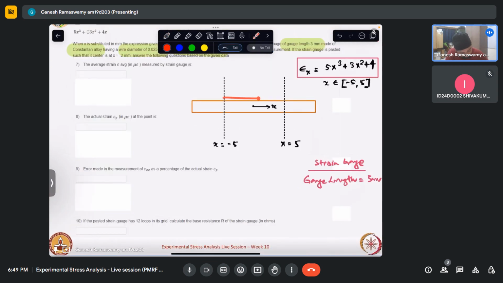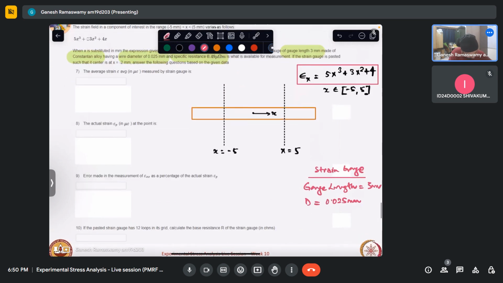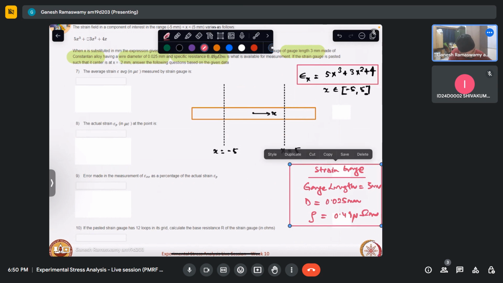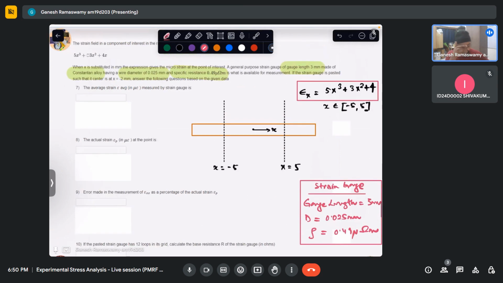So if this is 10 mm, our strain gauge will be this long. It is made up of a wire which has a diameter of 0.025 mm and a specific resistance of 0.49 micro ohm meter. This is what is available for taking the measurement.